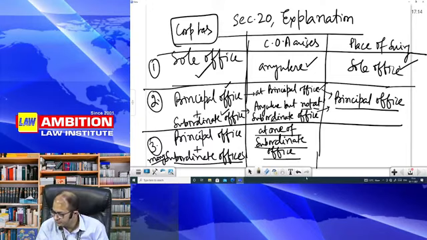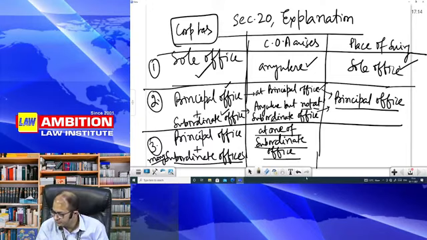Now what can be the stage when this objection can be raised? So section 21(1) talks of place of suing. No objection as to place of suing shall be allowed by any appellate or revisional court unless such objection was taken in the court of first instance at the earliest possible opportunity. So where it should be taken is the stage.